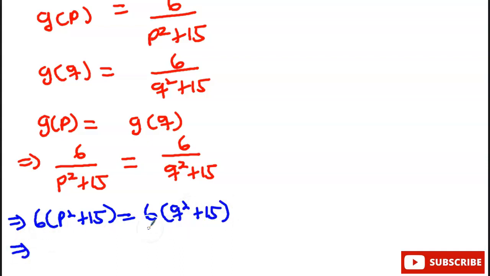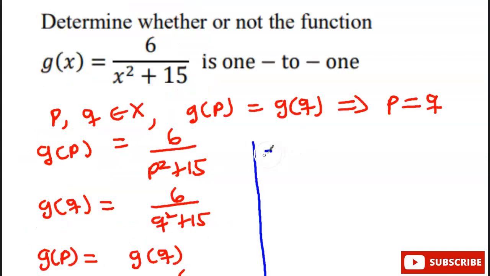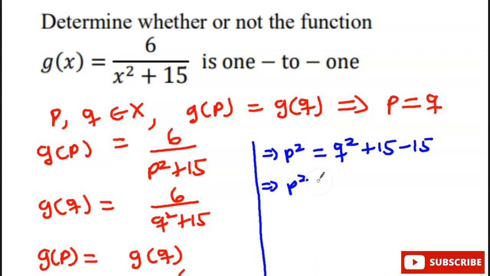Now 6 is here, 6 is here. When you divide both sides by 6, 6 will go. So we have P squared plus 15 is equal to Q squared plus 15. So P squared is equal to Q squared plus 15 minus 15. So P squared is equal to Q squared.